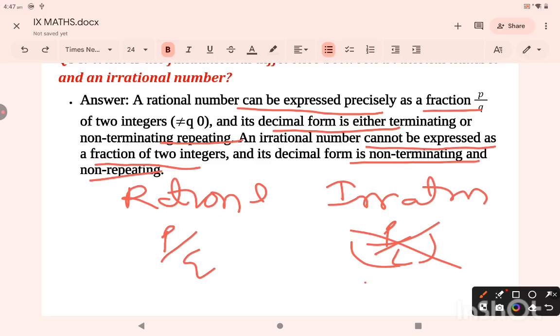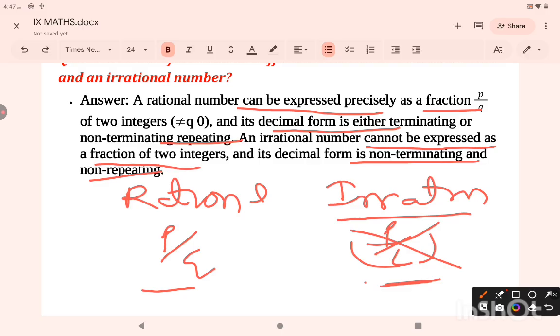For the irrational number, the decimal expansion of irrationals is non-terminating, non-recurring decimals. Major, these two differences between rational and irrational.